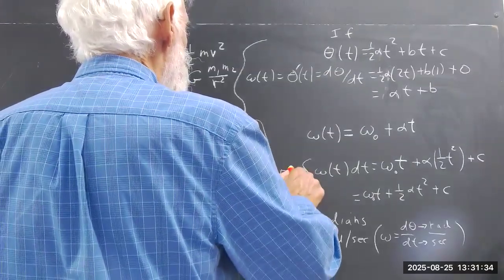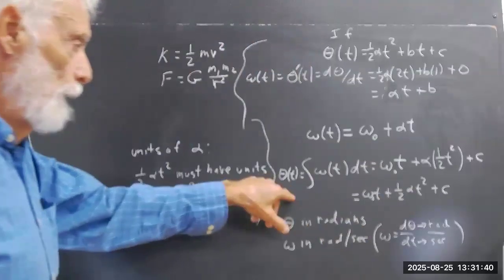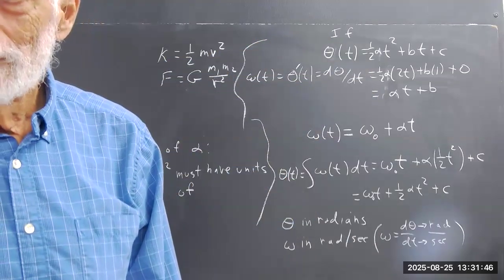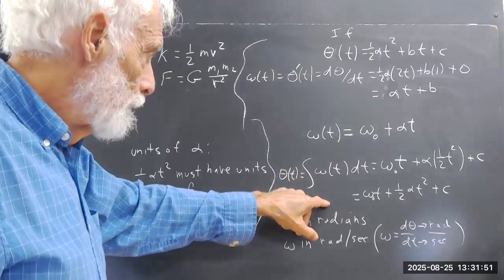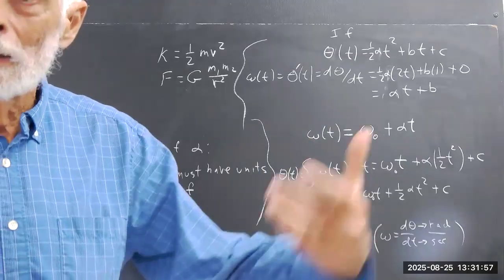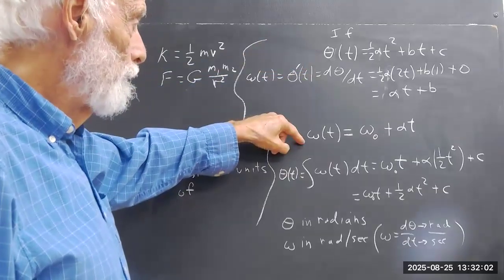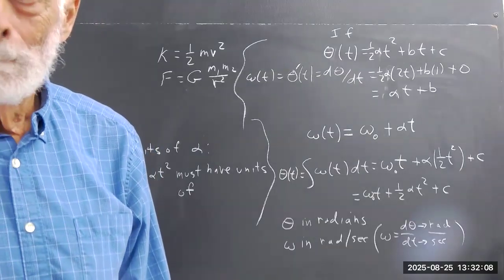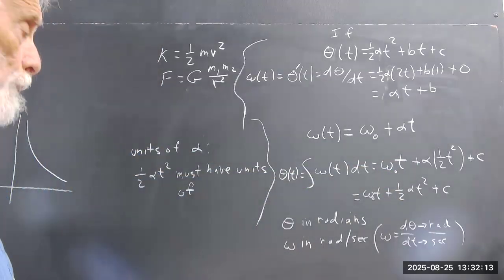I could say theta of t is the integral of omega of t, because omega of t is the derivative of theta of t, right? Here's your theta, here's your derivative. Here's the integral of that derivative, which is back to the same thing you started with. It's the antiderivative, right? So theta derivative, omega antiderivative. Whether you totally understand what I just said or not, the video is going to get posted. You can replay that part.